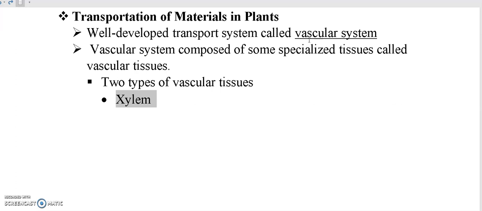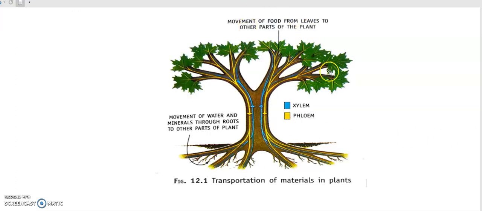When we water the plant, let me show you. This is a tree, a grown up tree. When it was a plant and we were watering it, we watered the plant at the root level, but still the growth is happening vertically.